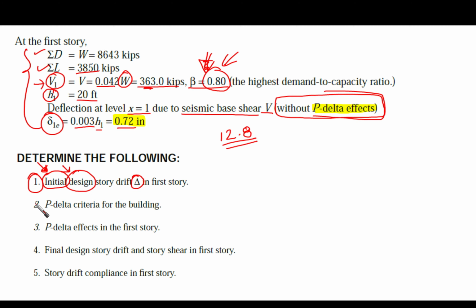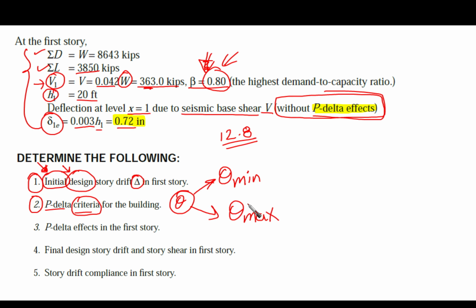And requirement number 2 is we want the P-delta criteria for the building. What is the criteria for this building? It is the calculation of theta, and seeing whether we are under theta minimum, where the P-delta is going to be neglected or insignificant, or whether we are larger than theta maximum, which means that the entire structure needs to be redesigned because it will experience a kind of instability.